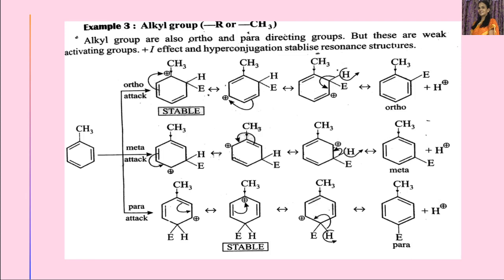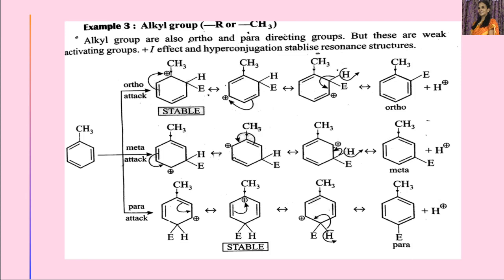This carbon gets the positive charge. Then this positive charge is stabilized by resonance due to the remaining two pi bonds present in the benzene ring.